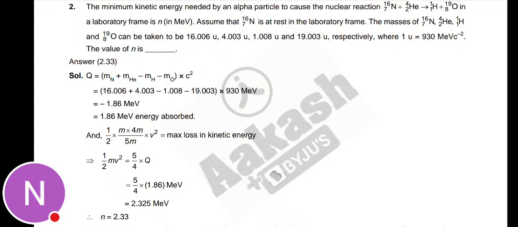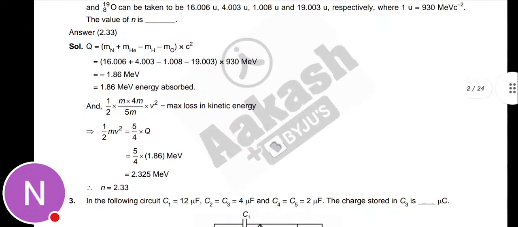The masses of these particles, helium, oxygen and many other particles they have given, can be taken to be as 16.006 u, 4.003 u, 1.008 u and 19.003 u. These are the masses that we can take respectively, where 1 u is equal to 930 MeV c to the power minus 2. So the value of n we have to find.